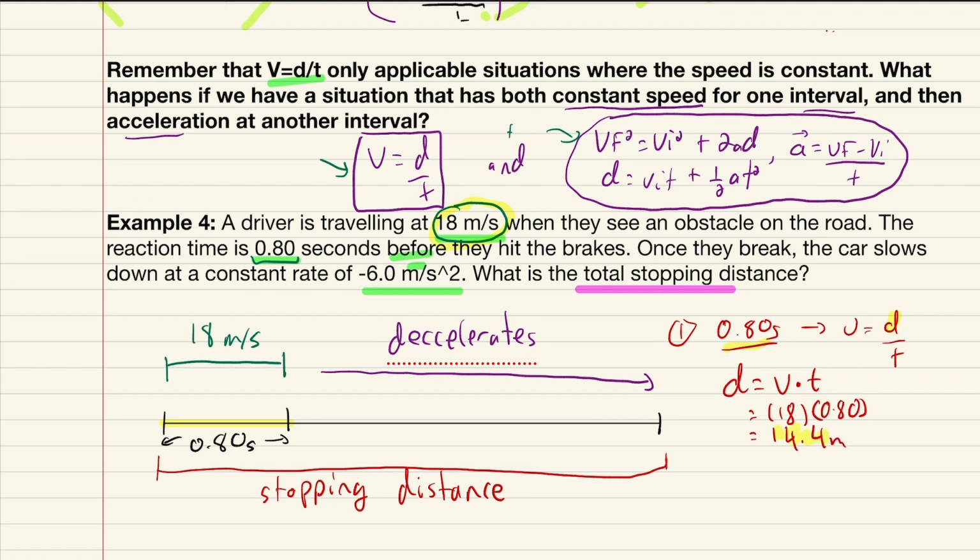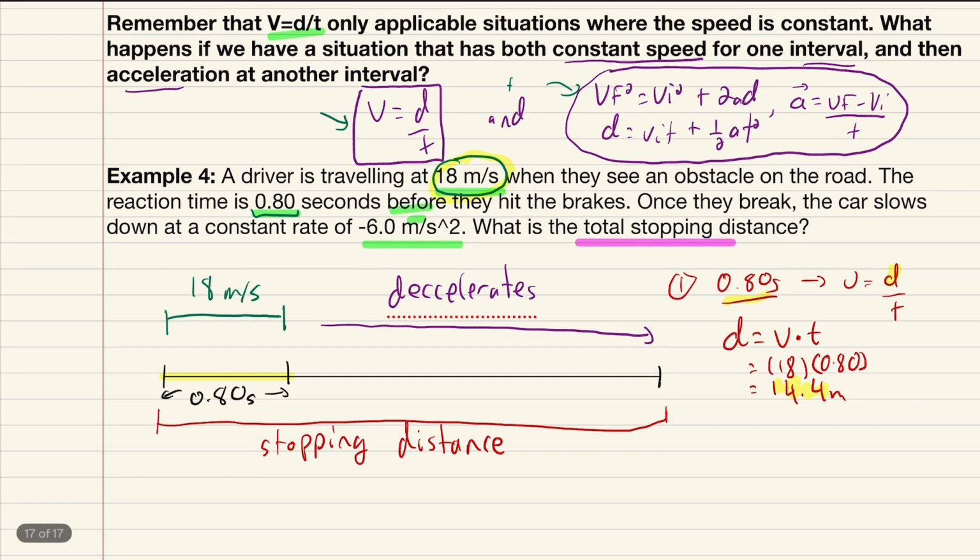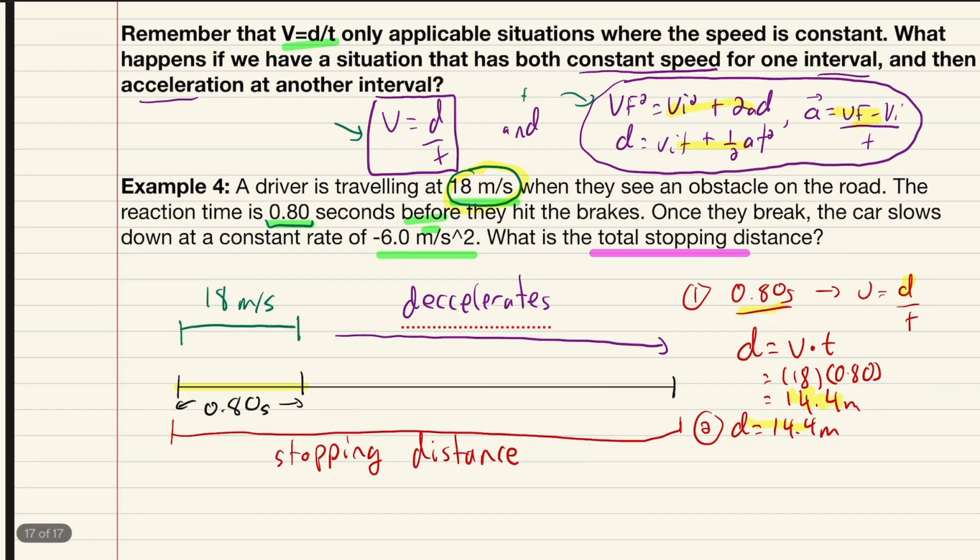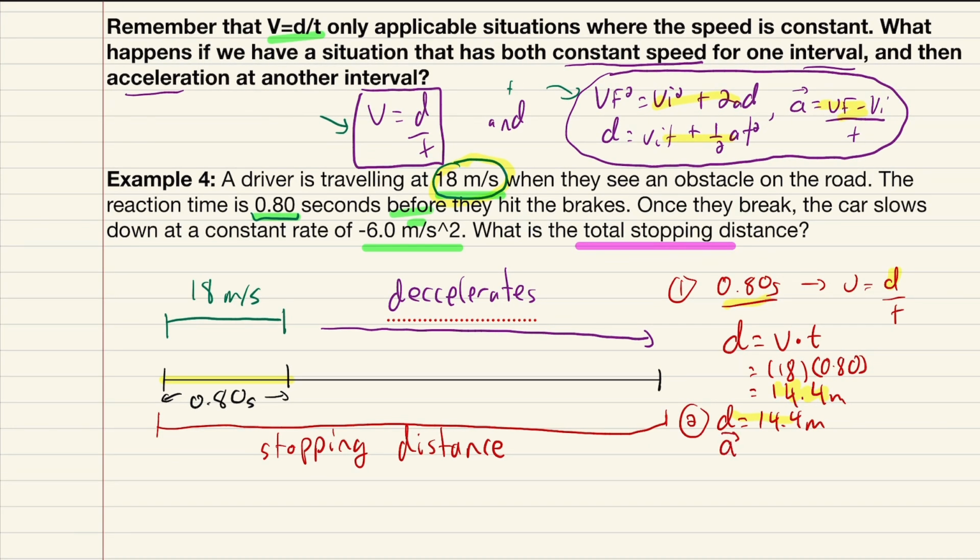Okay, now for the second part, we know that it decelerates, right? So we're going to have to use one of these formulas over here. Now, which formula we use is entirely based on what we have. So right now, we have a distance. So I'm going to write down the distance of 14.4 meters, which we calculated previously. We have our acceleration of negative 6.0 meters per second squared.